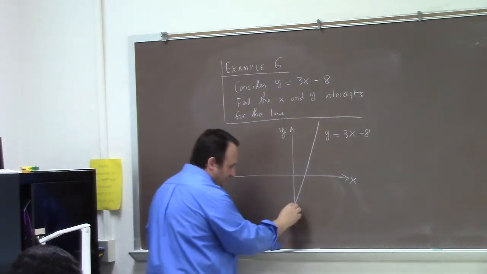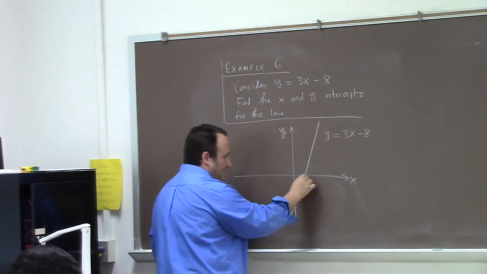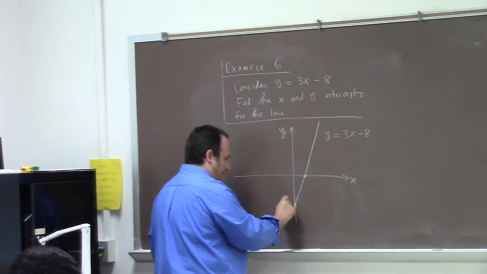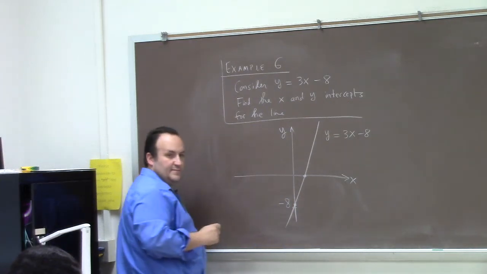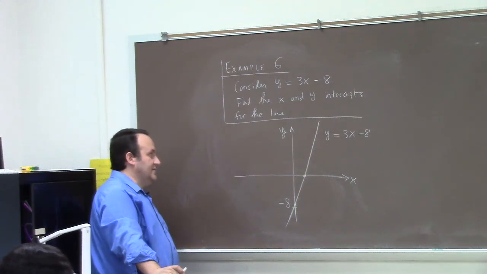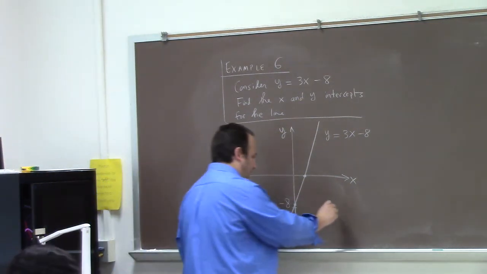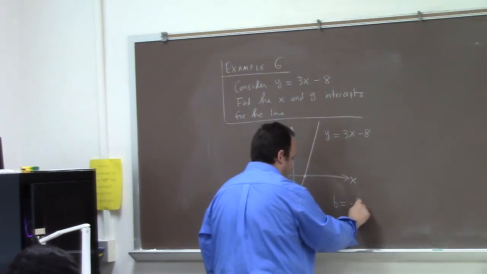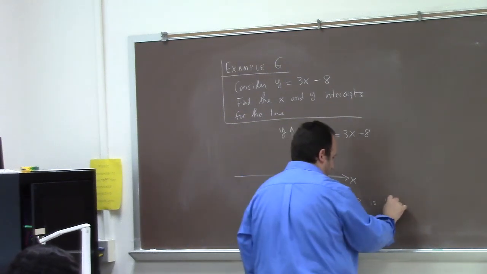We need to find this point here and that point. All right, I heard -8. How did you know that? That's where it crosses the y-axis exactly. So b equals -8 is the y-intercept, right?